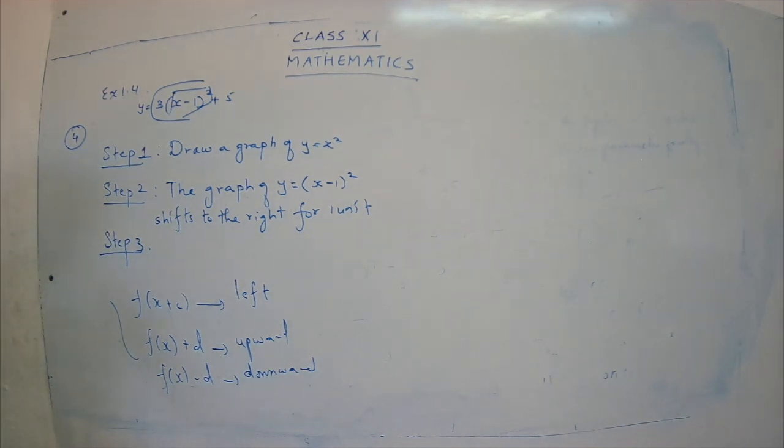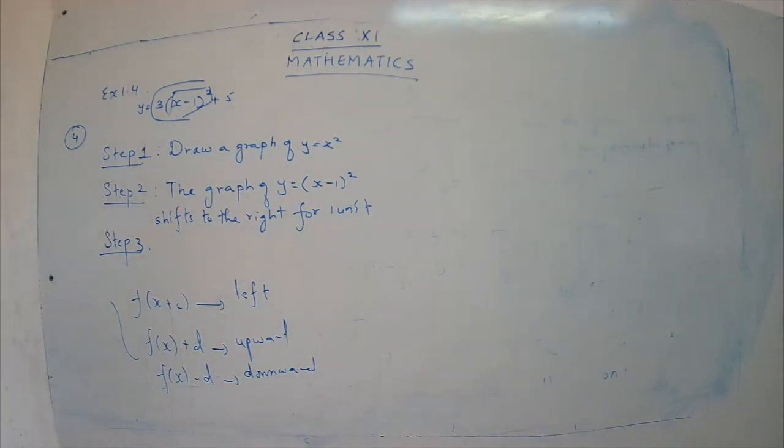Can you see your heading over there as dilation? Under dilation, see the second para. If the positive constant is greater than 1, the graph moves away from the x-axis. If the multiplying factor or the positive constant is greater than 1, how is the graph going to be?